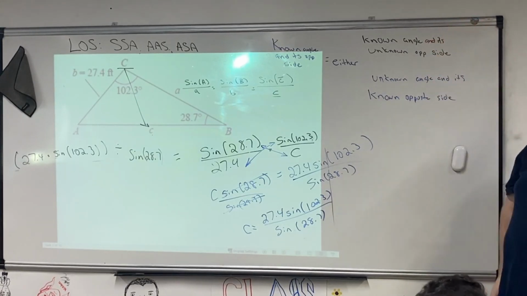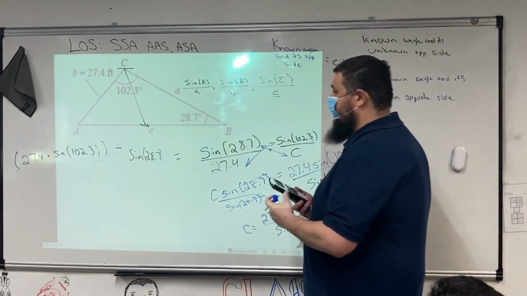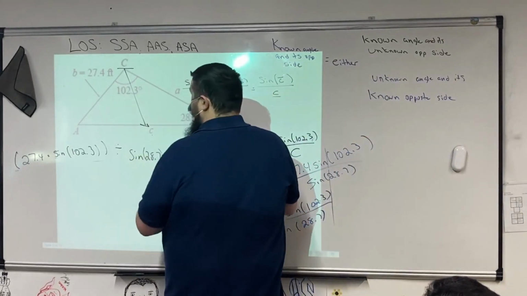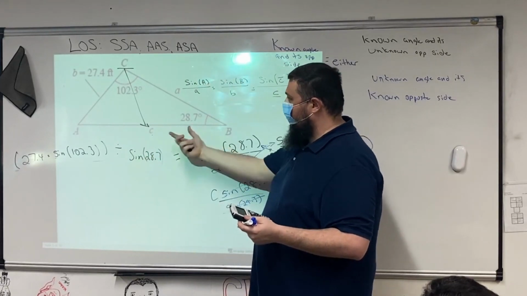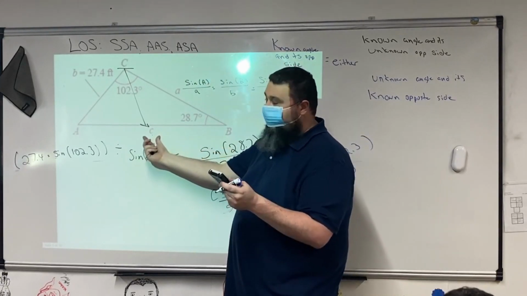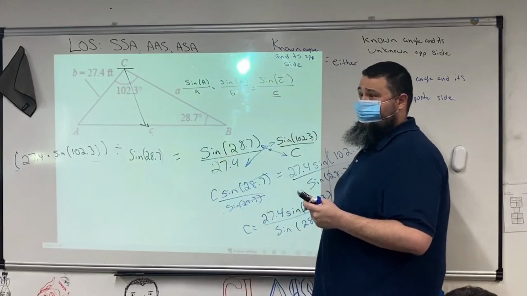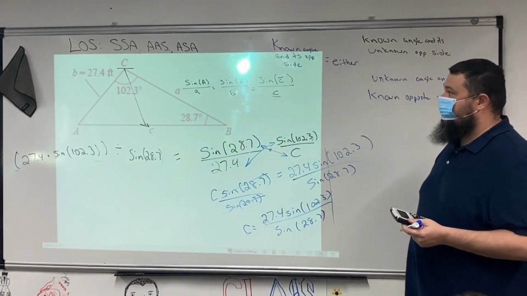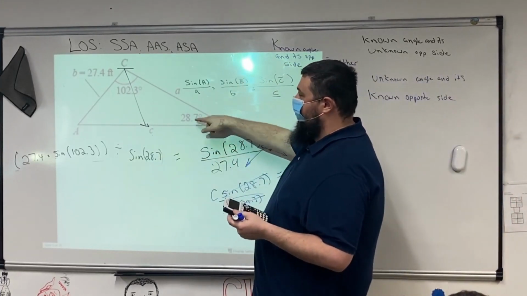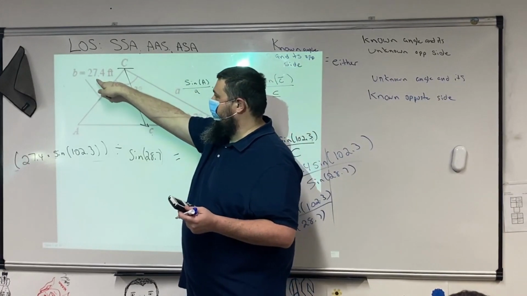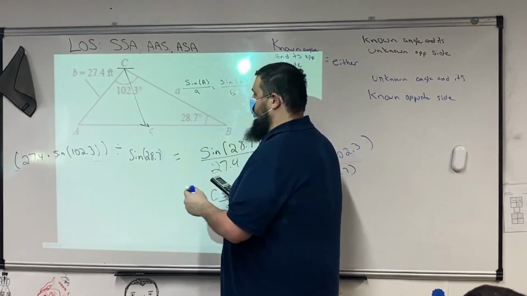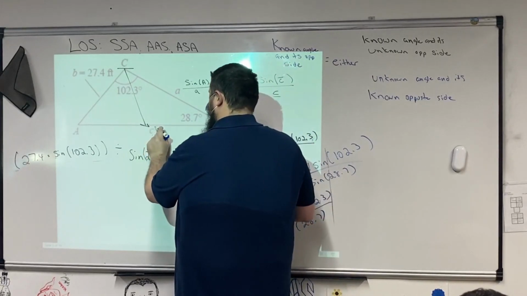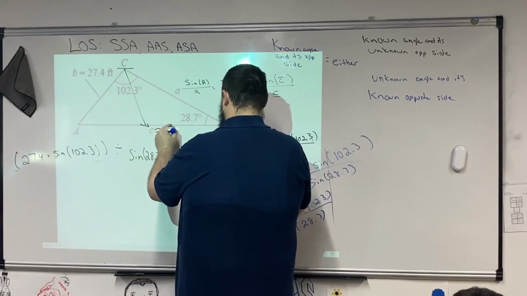So this is 55.7 for side C. Before I commit to that, does this answer of a side length AB or just side C being 55.7 make sense? Well, if 28.7 degrees makes 27.4, this is substantially larger, and 55 is substantially larger, so that's a pretty good sign that we're good.